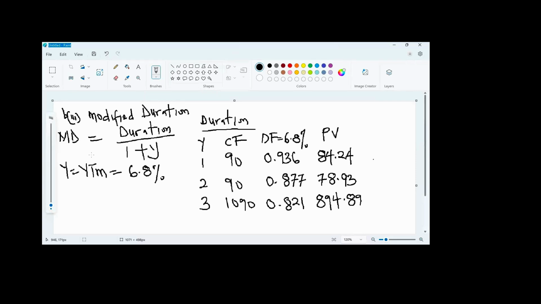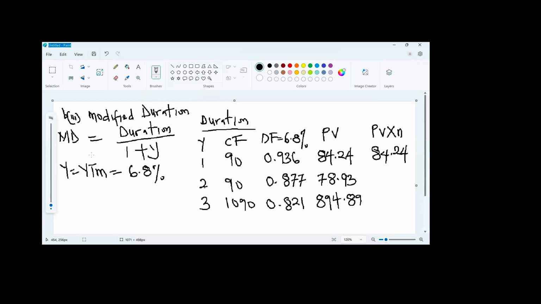Now the last column, present value multiplied by N. Your N is your year. Year 1 multiplied by the present value gives 84.24.